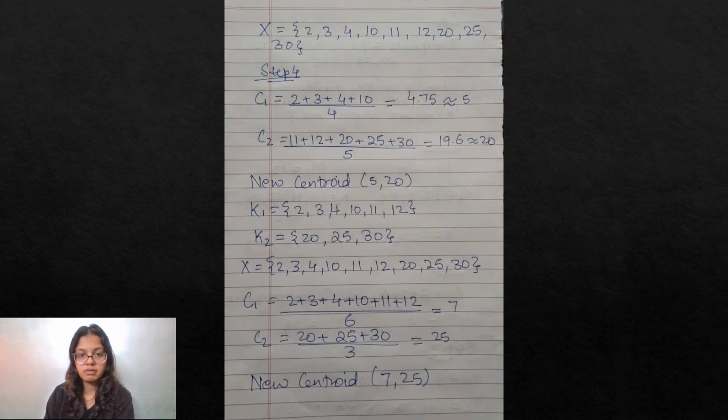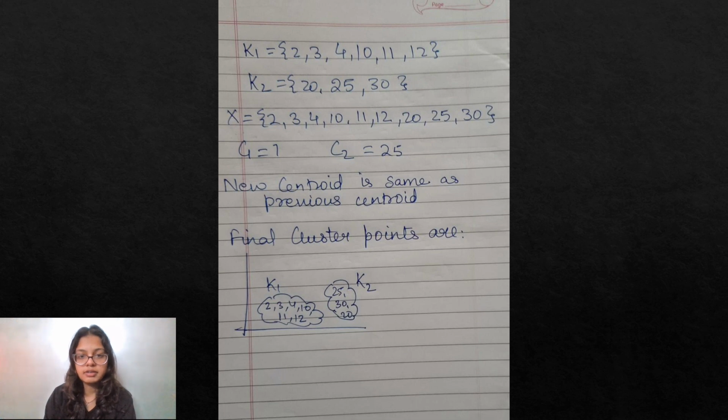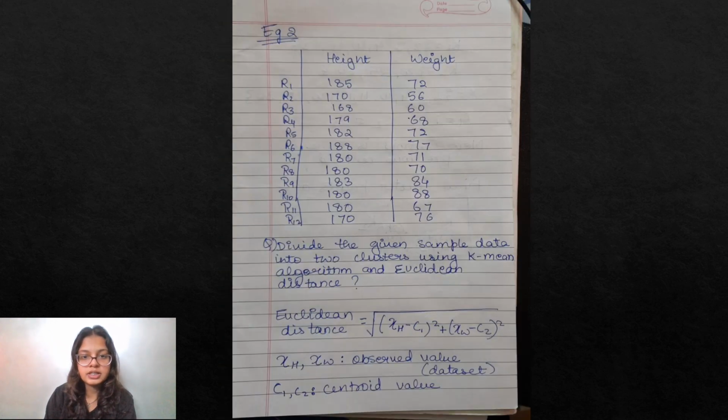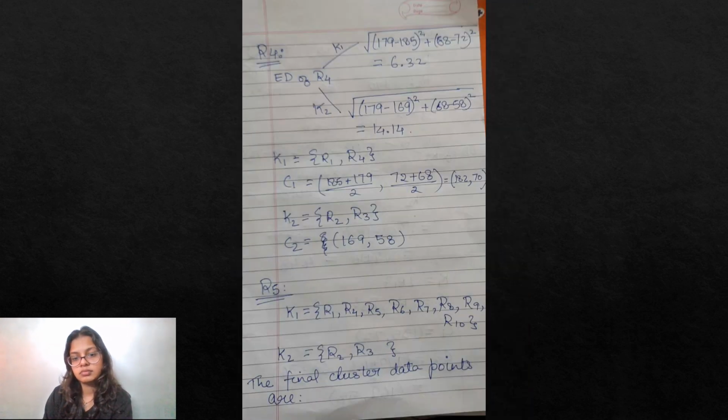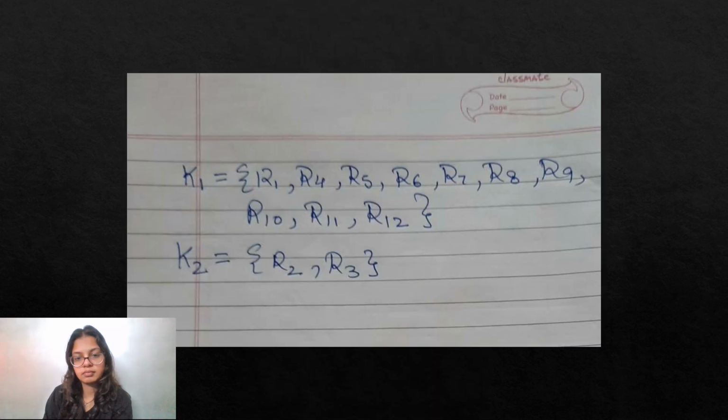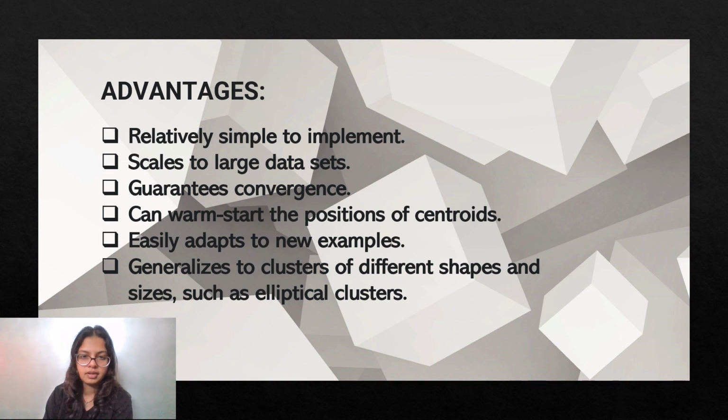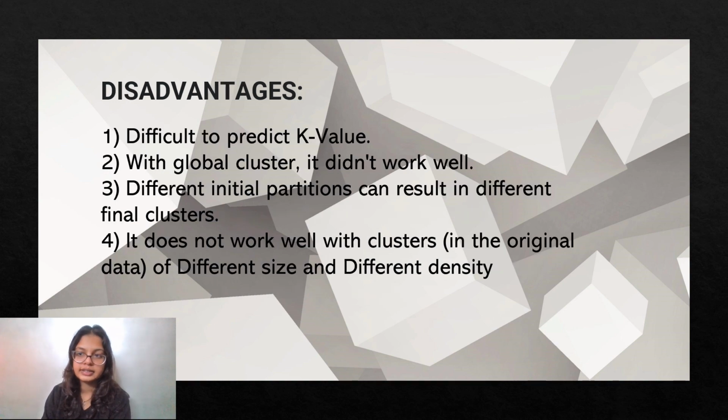This was question 1. The question here was that we are given two clusters, and we have to divide these points into two clusters using the k-means algorithm. I hope you can understand it.